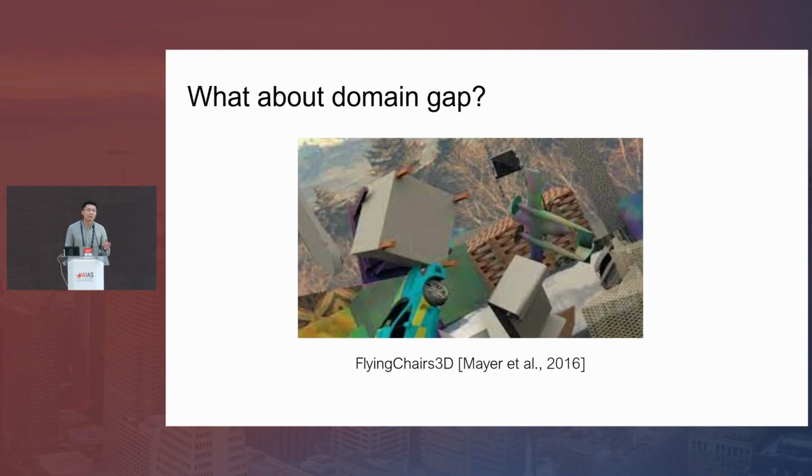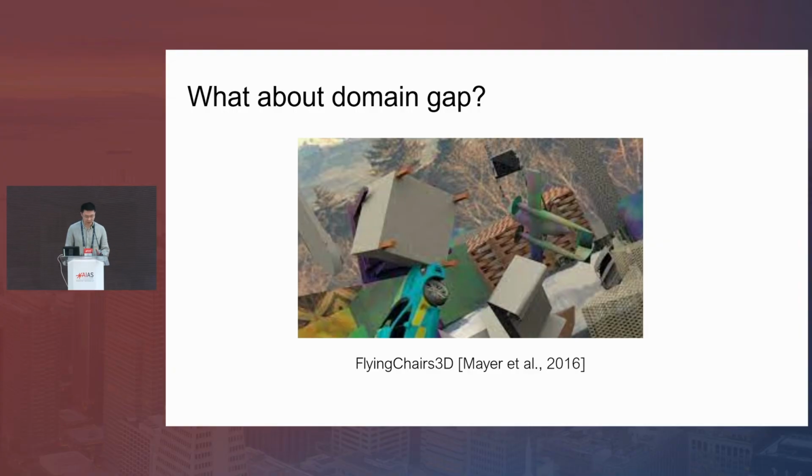Now, another question you might have about such synthetic data is this notion of domain gap, that the generated data might not actually match real-world data in a realistic way. You might think of video games that don't look very photorealistic. Here's a kind of extreme example. It's a popular synthetic data set used in computer vision called FlyingChairs3D.